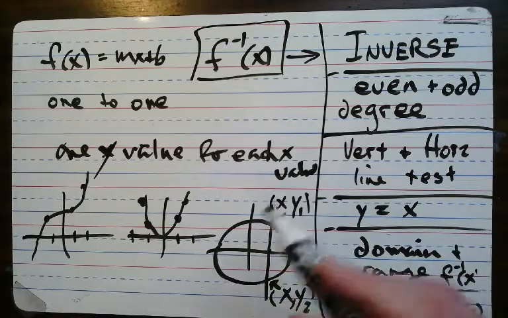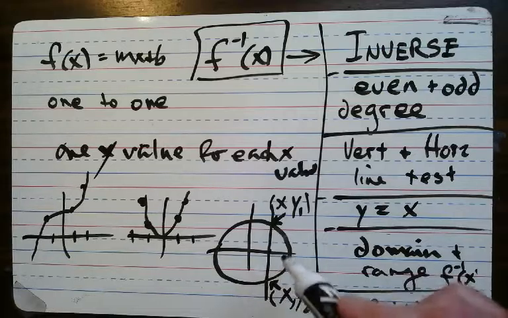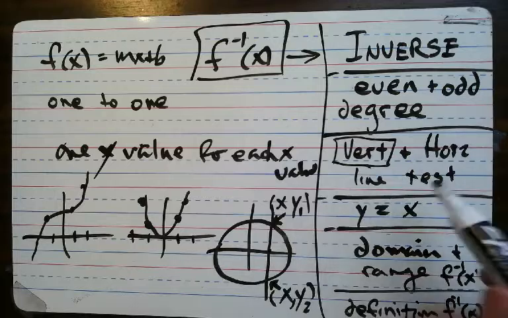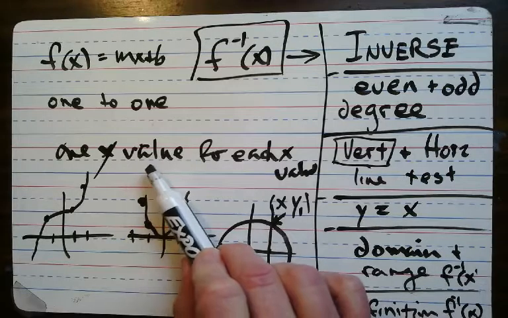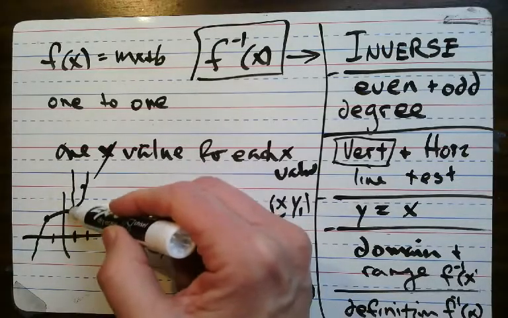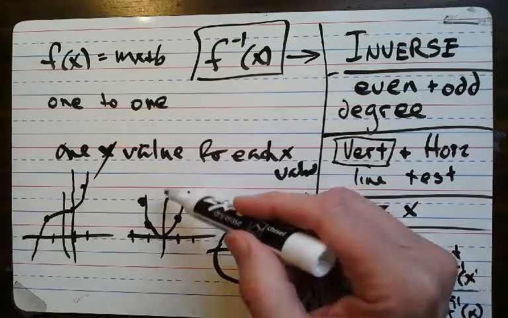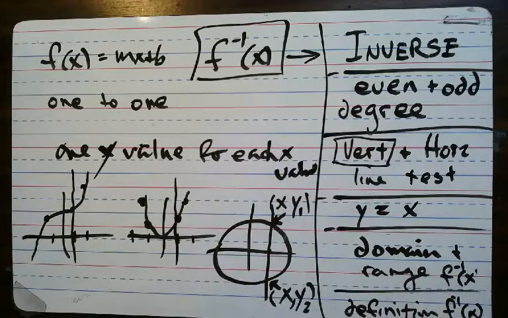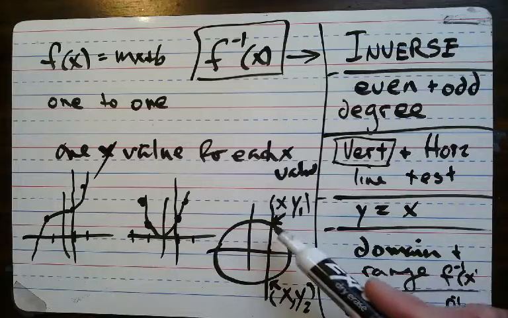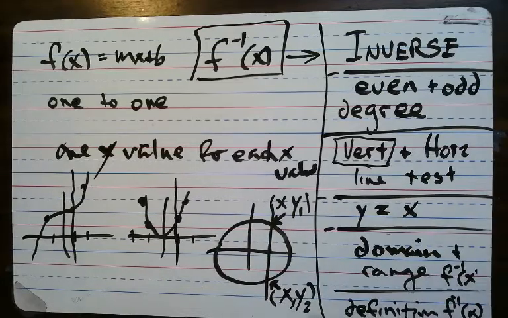That's not allowed. So this is not a function, right? So we know that the vertical line test tells us whether something is a function or not. This is a function because when I draw a vertical line, it crosses only once. This is a function because when I draw a vertical line, it crosses only once. This is not a function because when I draw a vertical line, it crosses twice, right?